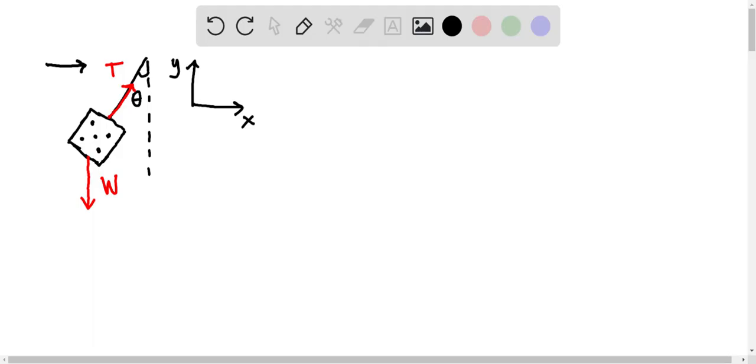The final velocity is equal to 28 meters per second in a time of 6 seconds. So we first are going to find the equations for the dynamics of this.